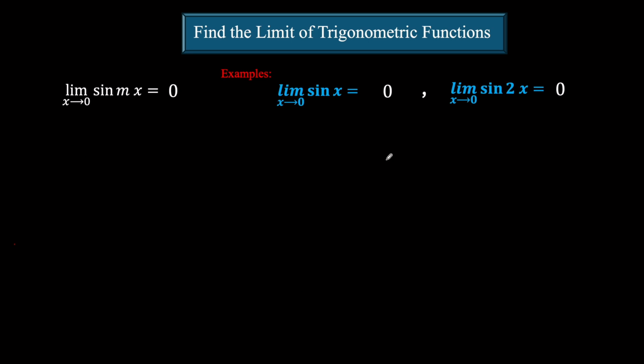For their proofs, for example, when we say limit as x approaches 0 of sine mx is equal to 0, meaning when we say limit as x approaches 0 of sine x, this is equal to 0, and limit as x approaches 0 of sine 2x is equal to 0. No matter what you have here, m can be equal to any number, m can be equal to -1, m can be equal to 1, no matter.